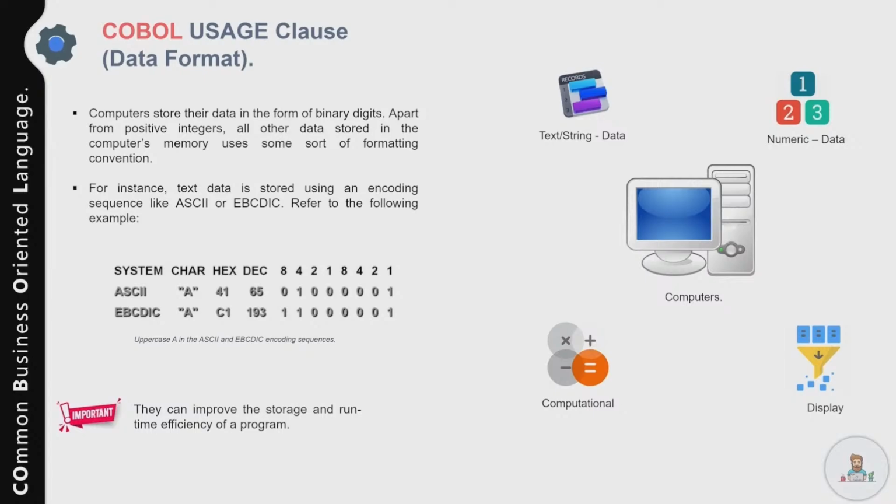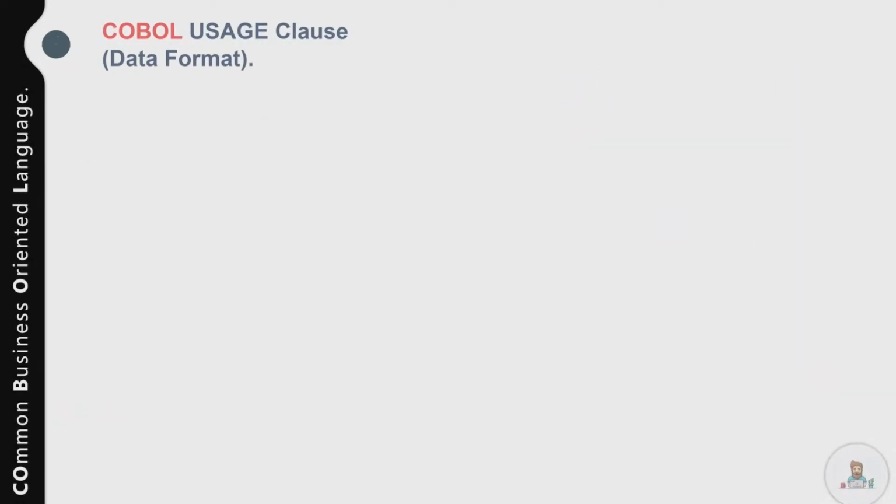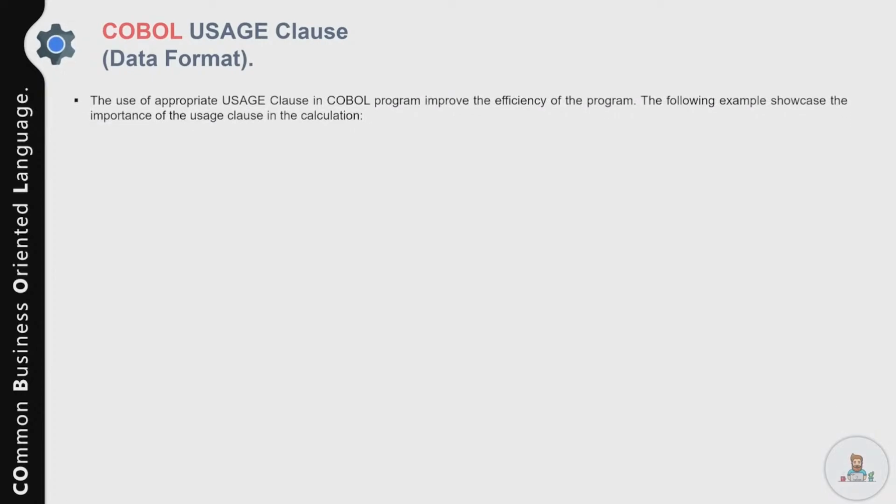You can use the usage clause to specify how a data item is to be stored in the computer's memory. Every data item declared in a COBOL program has a usage clause even if you do not specify it explicitly. The default usage clause is USAGE IS DISPLAY. Apart from that, the usage clause also plays a crucial role in improving the efficiency of a COBOL program.